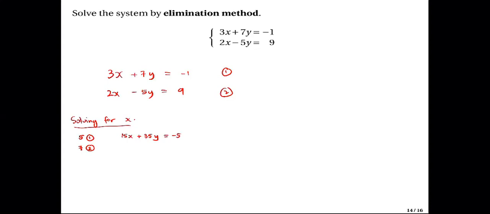And then for equation 2, we multiply by 7. We'll have 14x minus 35y equals 63.